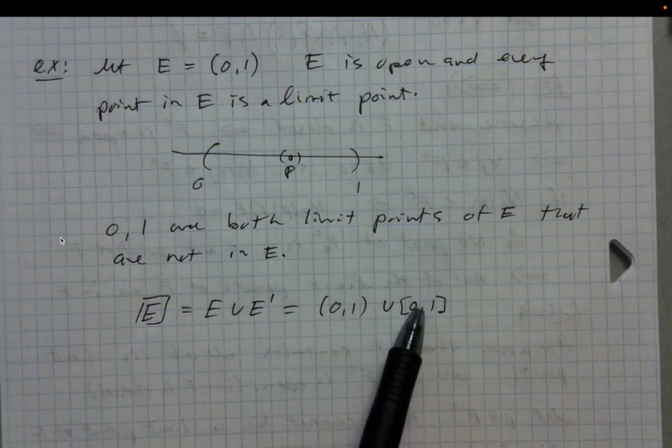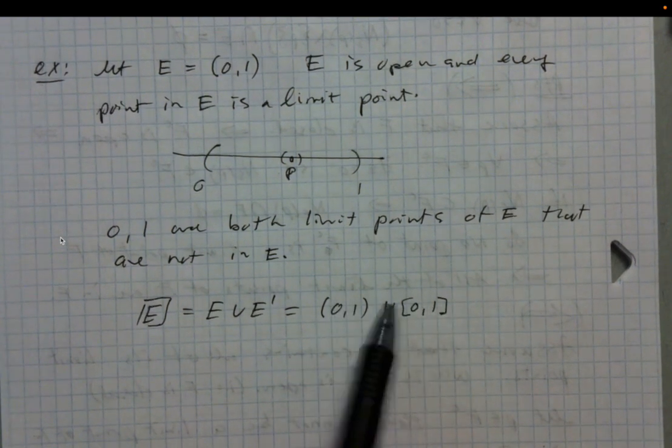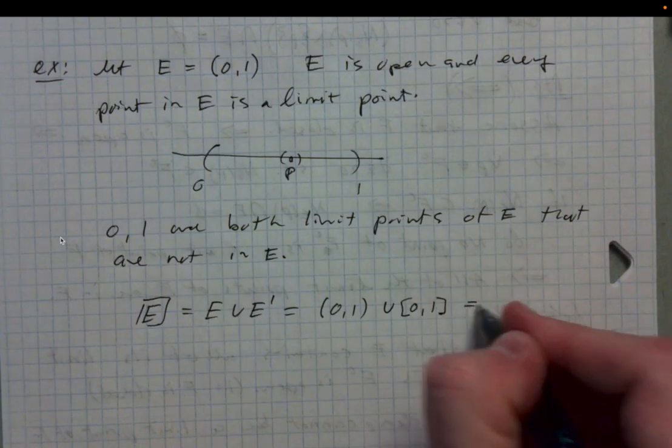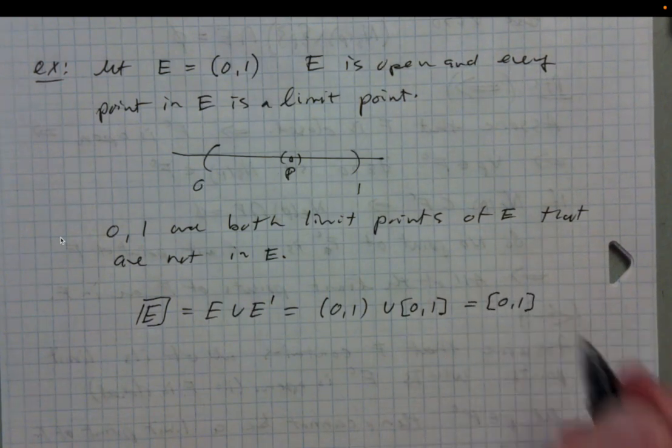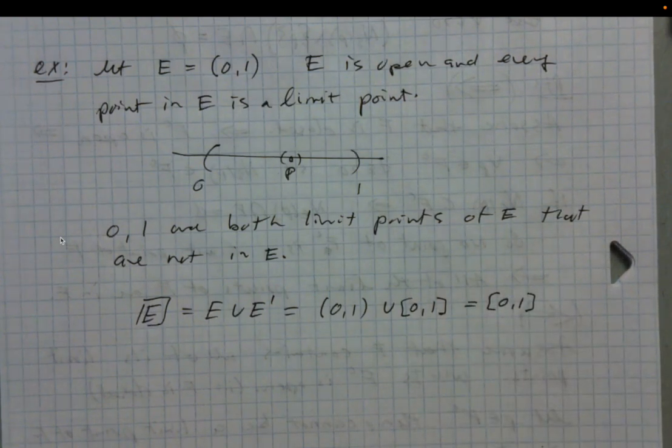There are just two additional points here, 0 and 1, the endpoints. And so the closure of E is just the closed interval [0, 1]. So in the case of intervals, this is all that's happening. When you have an open interval, if you want to close it, you just toss in the endpoints. Now, with sets that are not simple intervals, it's not always so simple. But in the case of intervals, this is the way to think about it. All right, very good.